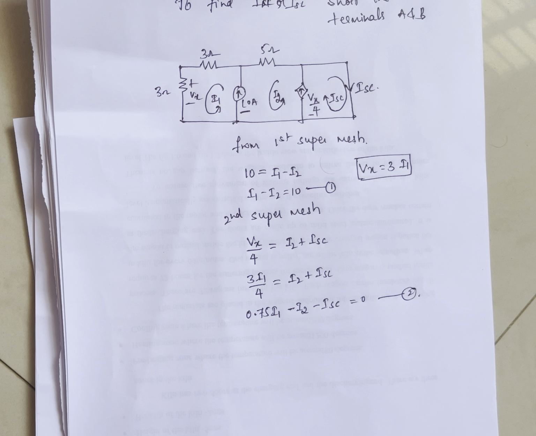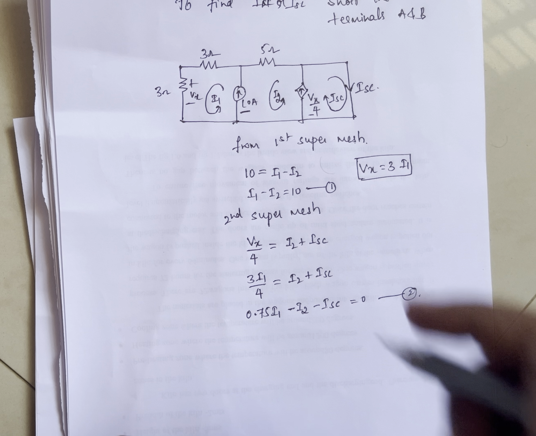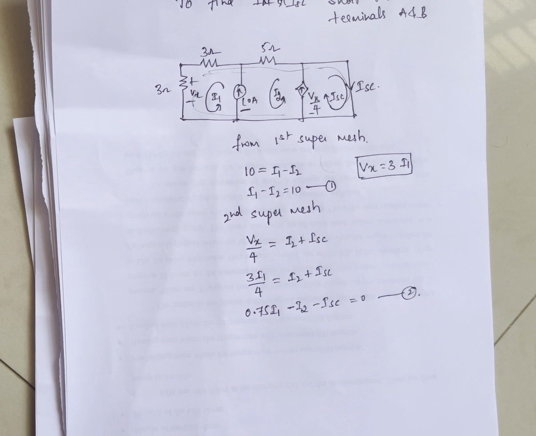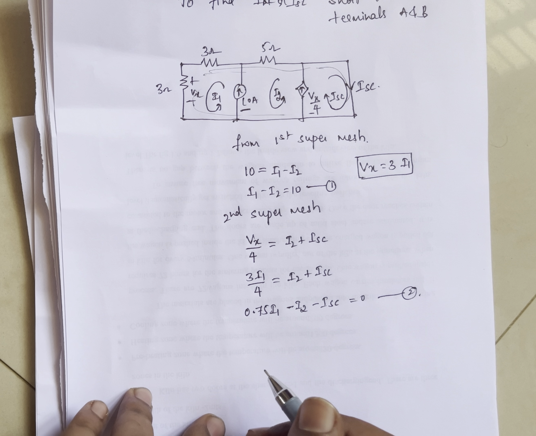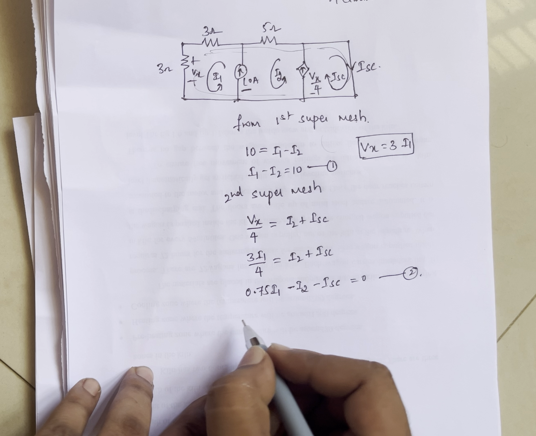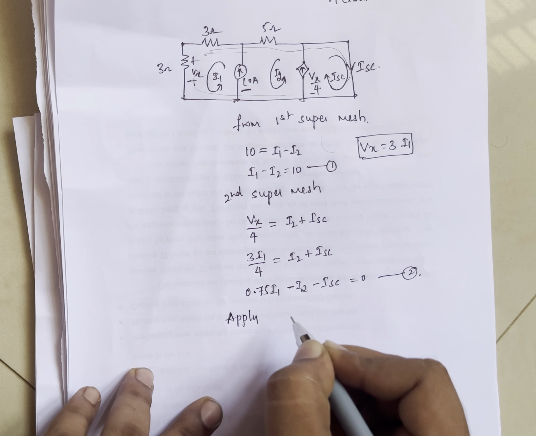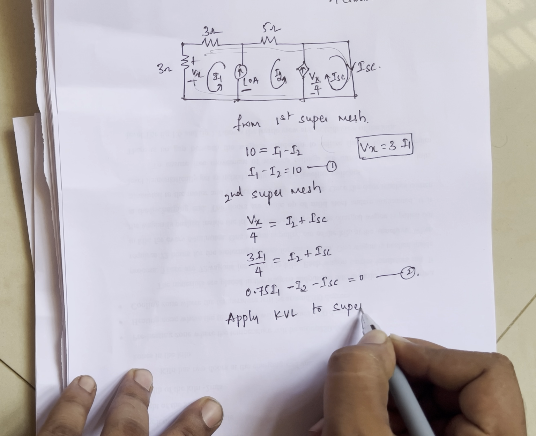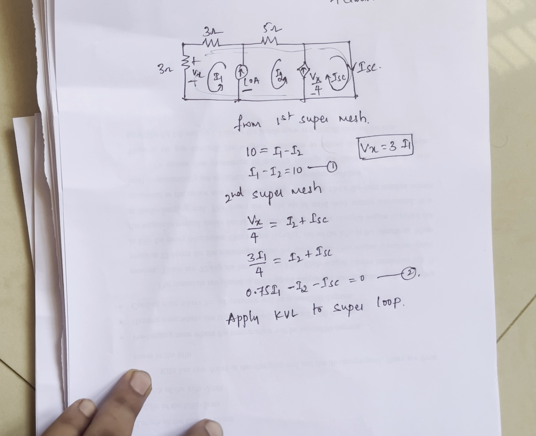Okay, so now if you apply KVL to the super loop, so this is your super loop. Apply KVL to that. So 0 equals, okay, so I will write now, apply KVL to the super loop.